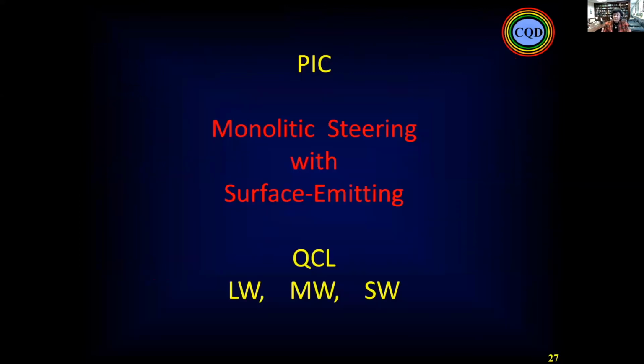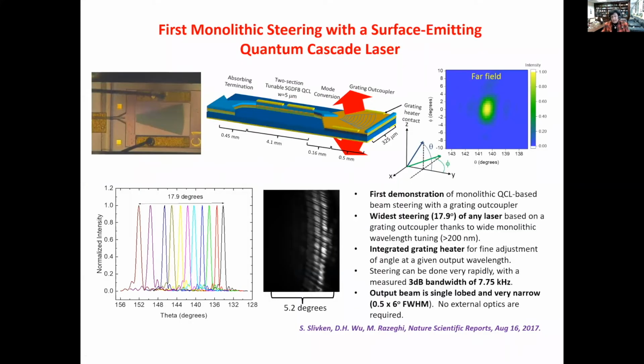Now we need a photonic integrated circuit, similar to the electronic. We need monolithic steering with surface emitting QCLs for different wavelengths. Again for the first time, we demonstrated that it's possible to put all of the different components in the same chip and to demonstrate a very high tuning of about 17.9 degrees.